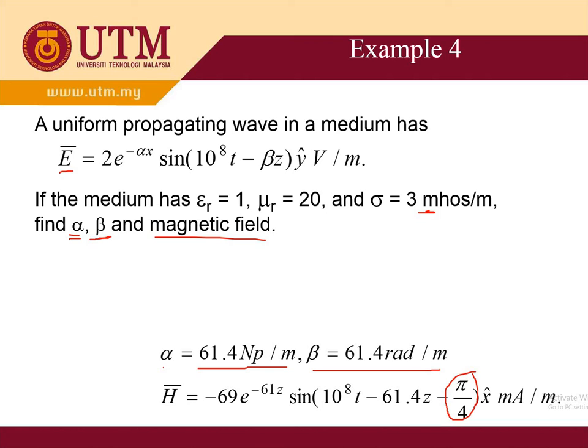This is theta n, which is 45 degrees. This one is described in radians, because pi over 4 is equal to 45 degrees. I think you guys know how to convert between radians and degrees.